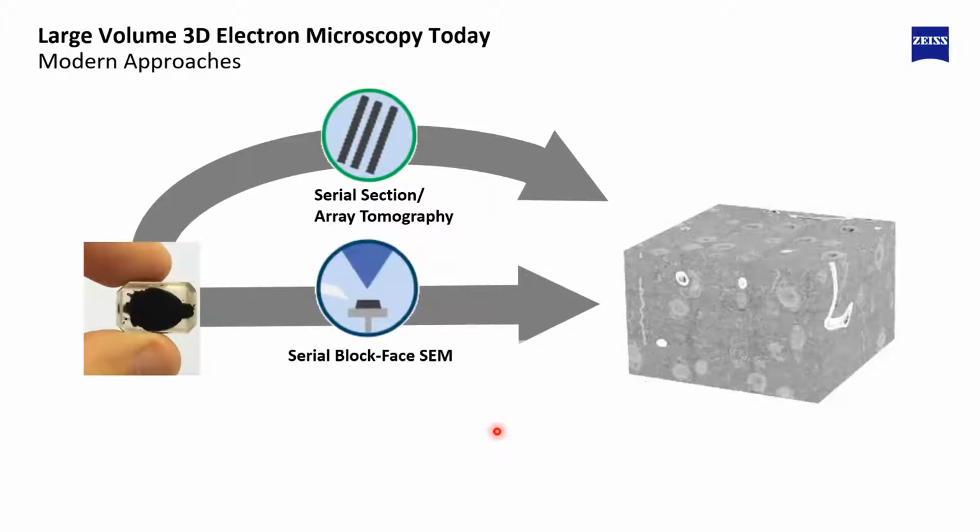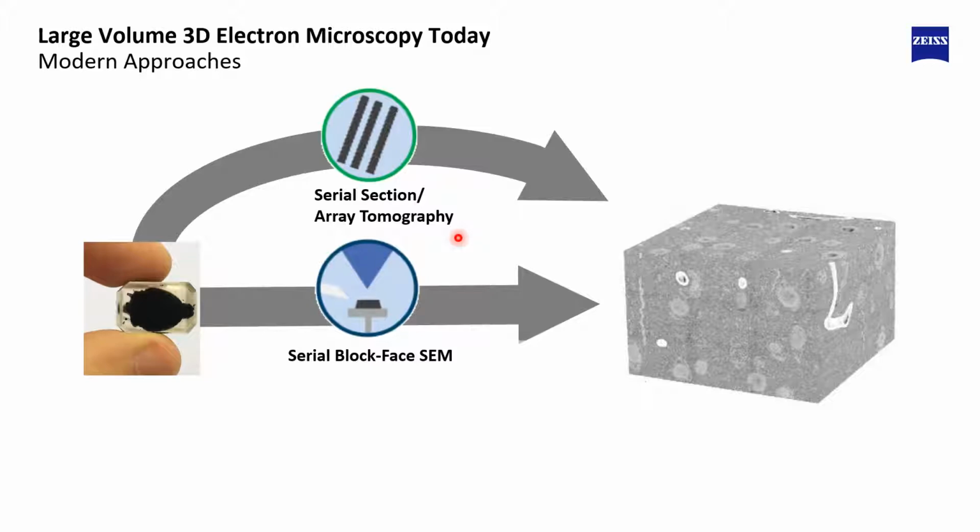An alternative can be an ultramicrotome mounted in the microscope chamber. This method is called serial block face scanning electron microscopy, where we have a diamond knife and a block of tissue, for example from that mouse brain, that cuts a very thin section off the top. Then our scanning electron microscope, indicated as the cone on the top, would scan over the surface to create an image.